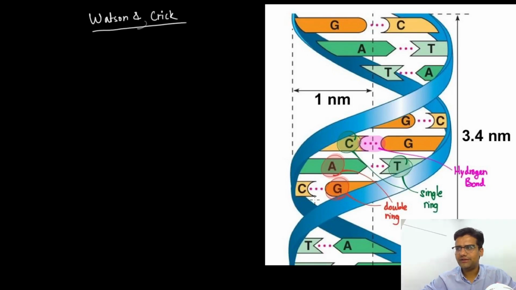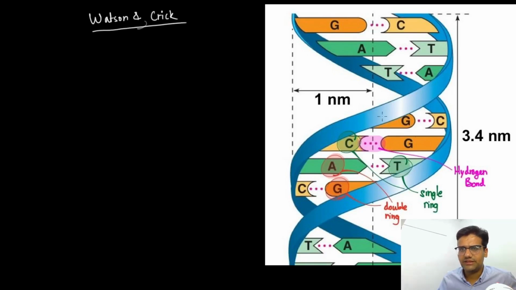The important feature given by Watson and Crick is that the DNA molecule consists of two strands. As you can see in this structure, these two strands are anti-parallel to each other and complementary to each other.